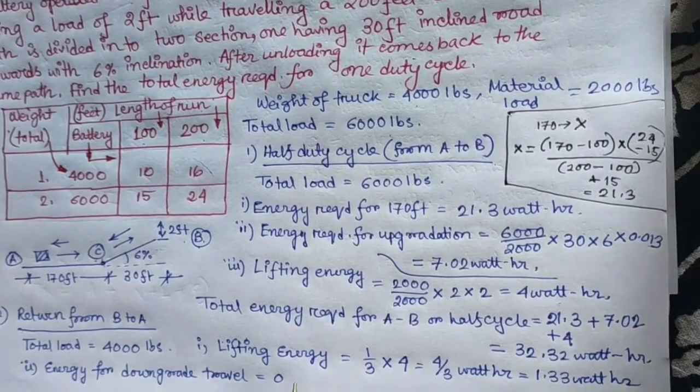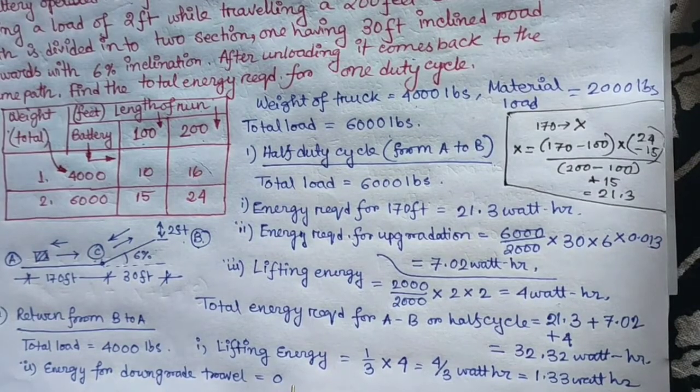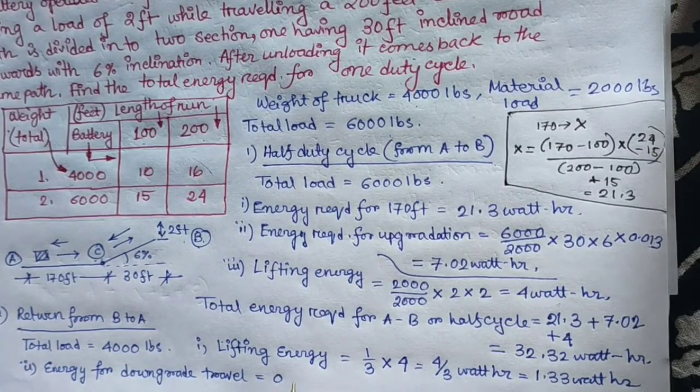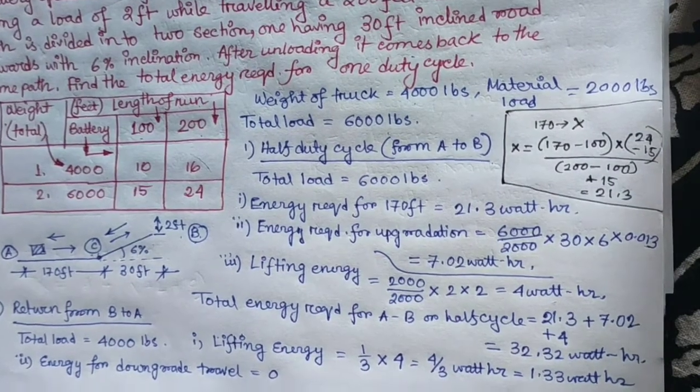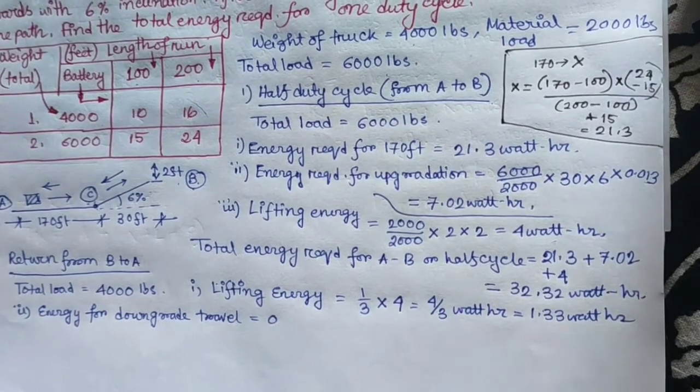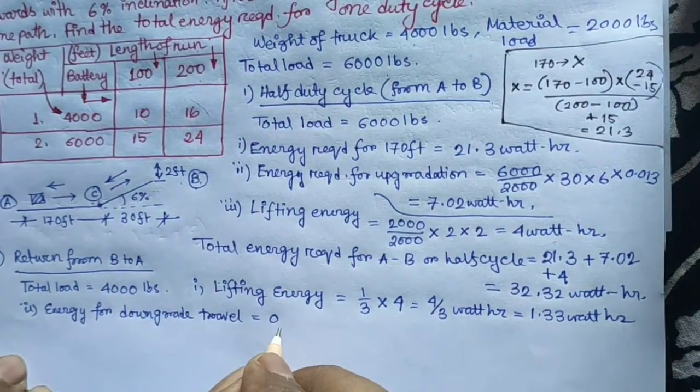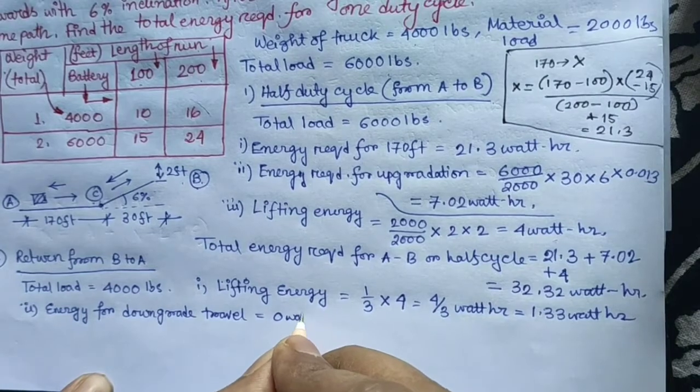Because we already know that if the upgradation percentage is more than 2, then when the FLT is going down, no energy will be required, because we apply the gravity principle to bring down that FLT from top position to bottom position. Okay, so energy for downgrade travel, that will be 0 watt hour.